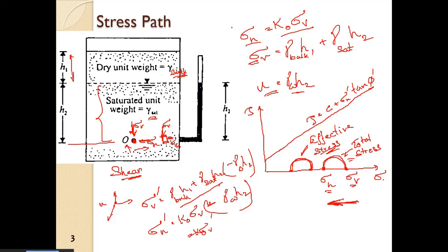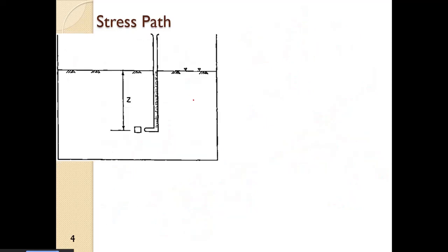Now suppose, so here we had the groundwater table in between, at the depth of h1 from the surface. Now suppose the groundwater table moves up. So it was initially here, so it moved up to the ground surface. So here what is the total stress again?